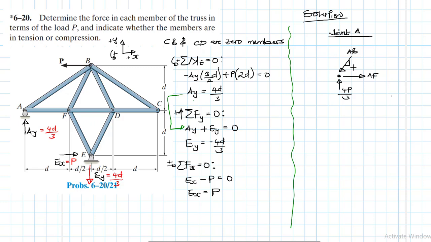Okay, I can indicate them there. So let D be equal to 1, because it's going to cancel out later on. So if it is 1, then we expect the distance up there to be 1.